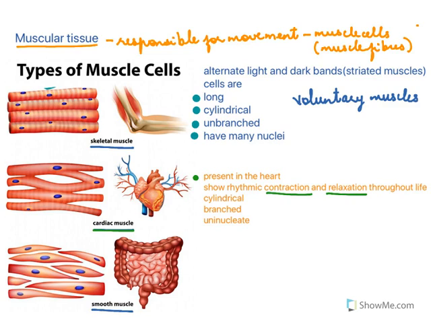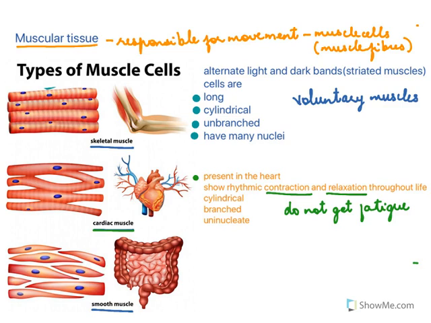And this beating of the heart continues throughout the lifetime. So these cardiac muscles do not get tired. They do not get fatigued. When you say do not get fatigued, it means they work continuously throughout the lifetime. They contract, they relax, they contract, they relax. They show rhythmic contraction and relaxation throughout the life.